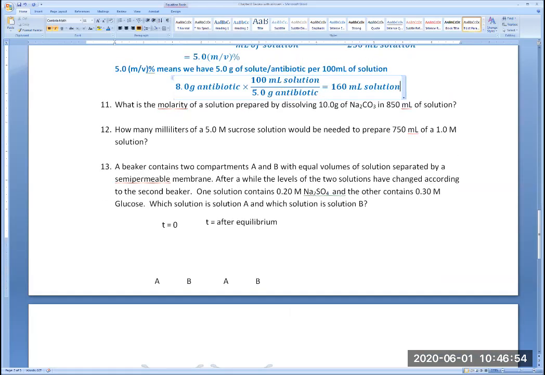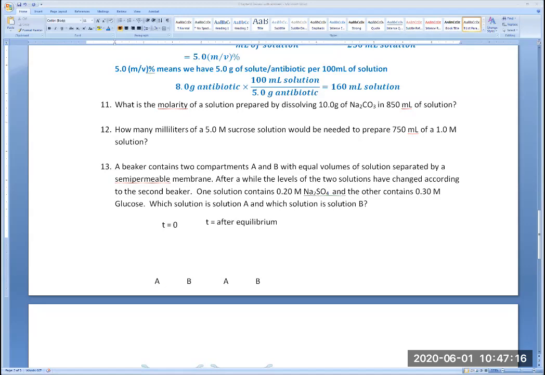So let's continue with molarity. What is the molarity of a solution prepared by dissolving 10 grams of Na2CO3 in 850 milliliters of solution? Molarity, we have a formula for that.